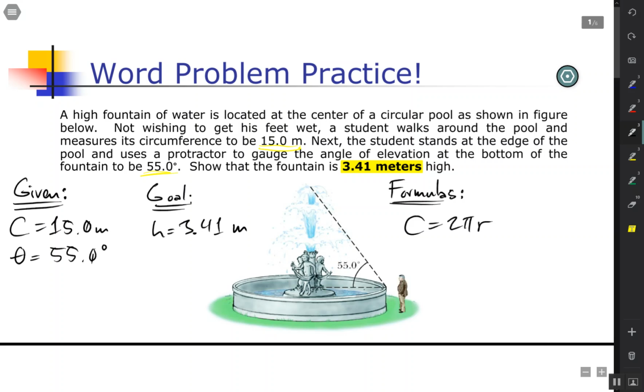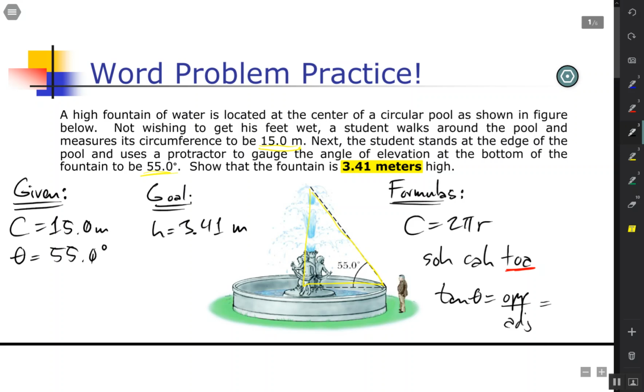Okay? And another thing that we'll need here, if you notice that we have kind of like a right triangle thing going on there, and since I already mentioned trigonometry, we're going to use SOHCAHTOA, and as a matter of fact, we're just going to use the TOA part in this case. So we're going to use tangent, following that acronym, is opposite over adjacent.